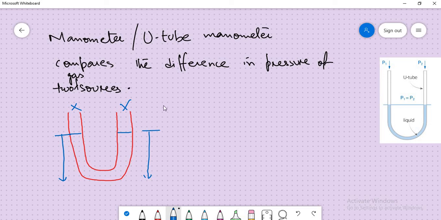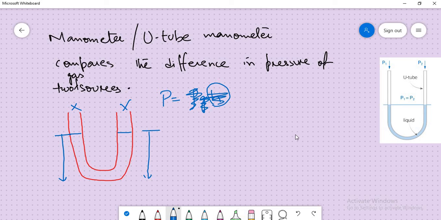The height is the same, and for the liquid column the pressure is rho g h. The liquid is the same so the density is the same, the place is the same so gravity is the same, and it all depends on the height. The height is also the same, so the pressure itself is the same on both arms.